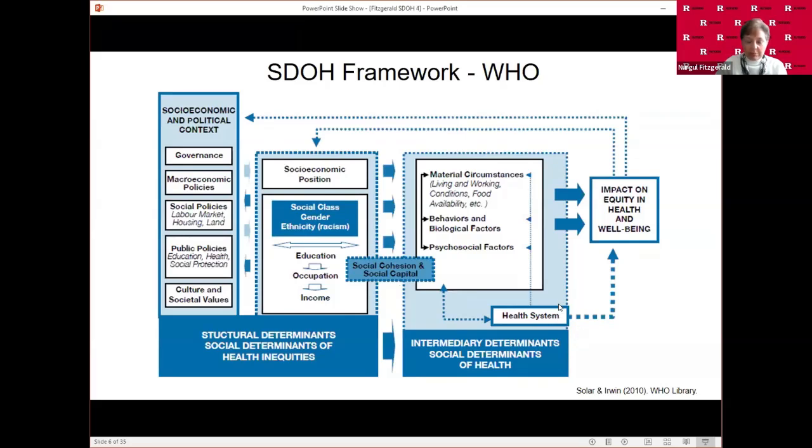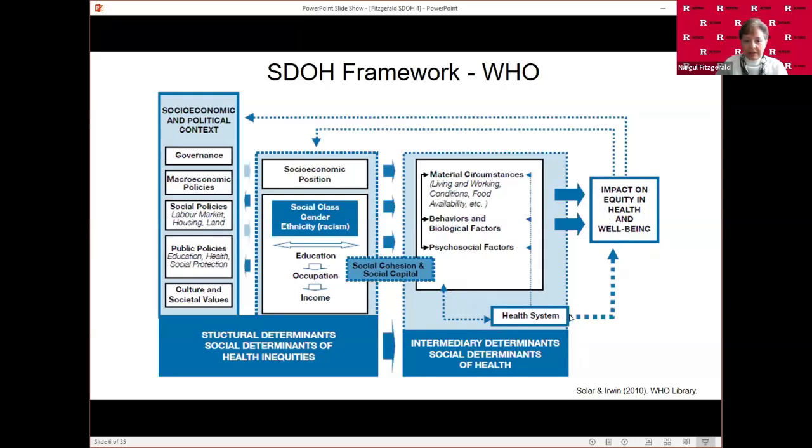Now, if you remember, in the US, in the definition and the model that we use by Healthy People 2030, the healthcare system and healthcare access was its own domain. It's a separate domain, right? Instead, in this model, they place the health system right here on the causal pathway between the intermediary determinants and the final health outcome measures.